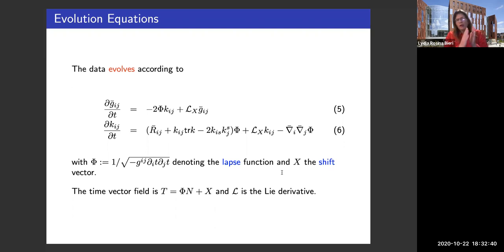If I think of moving in time, when I move from one space-like slice to the next, I can have a certain velocity, and I can actually move towards a different space-like point, right? So phi is measuring what happens along the time vector field, and X is measuring how much I go away from my original position.